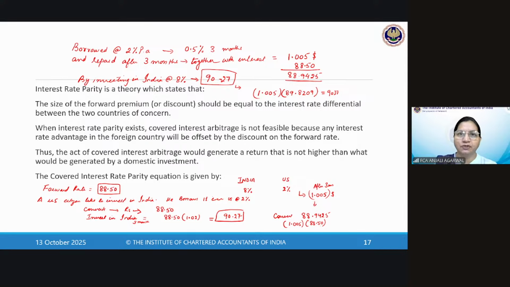So no arbitrage opportunity would be there if the foreign exchange rate adjusts itself to the interest rate.